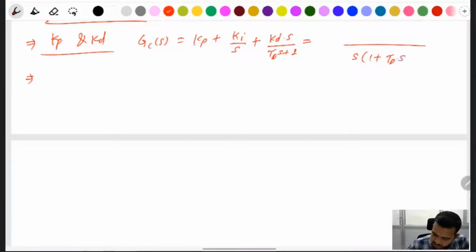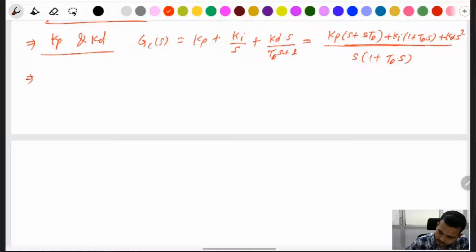Take LCM and find s(1 plus tau d into s). This one is Kp into (1 plus s tau d) plus Ki(1 plus tau d into s) plus Kd into s square.